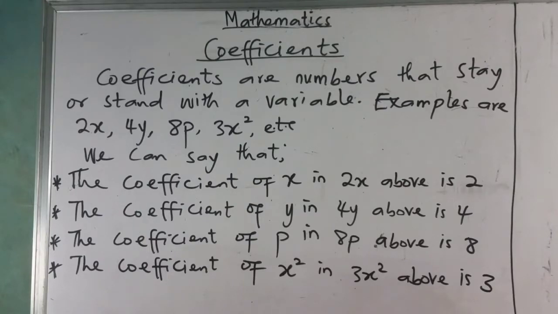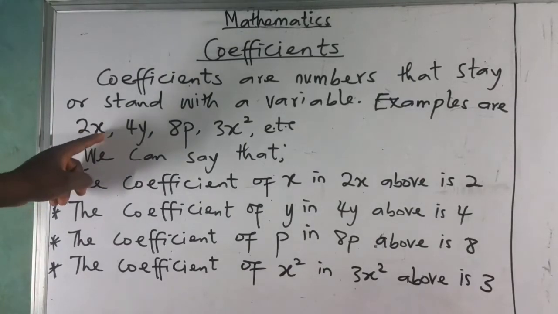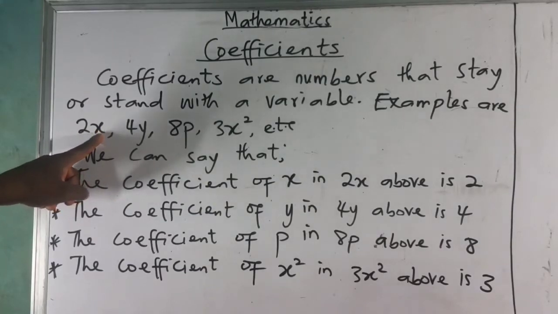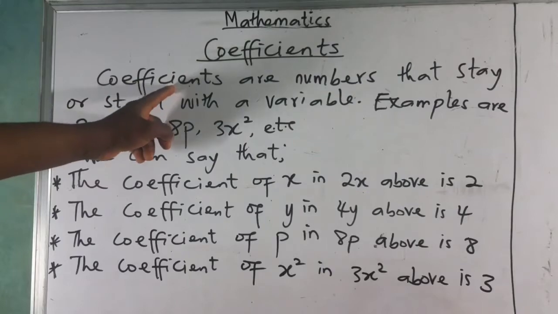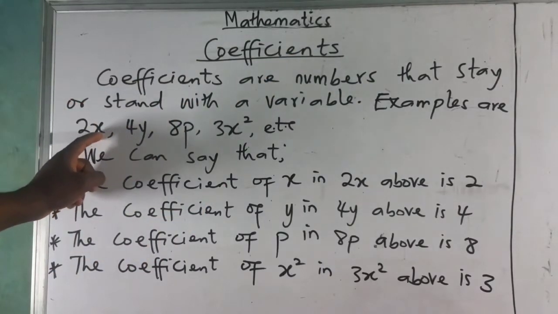The coefficient of x in 2x above is 2. Why? Because this 2 is a number that stays with this letter, which is called a variable.